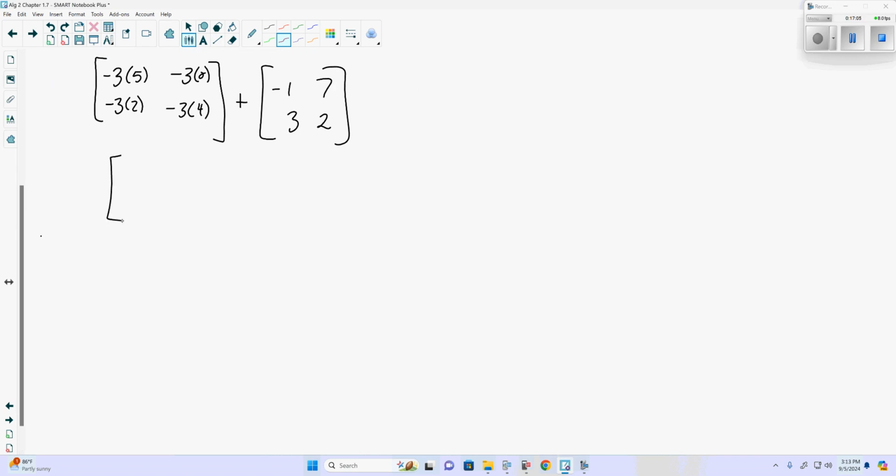So we'll finish doing that scalar multiplication. Negative 3 times 5 is negative 15. Negative 3 times 0 is 0. Negative 3 times 2 is negative 6. And negative 3 times 4 is negative 12.